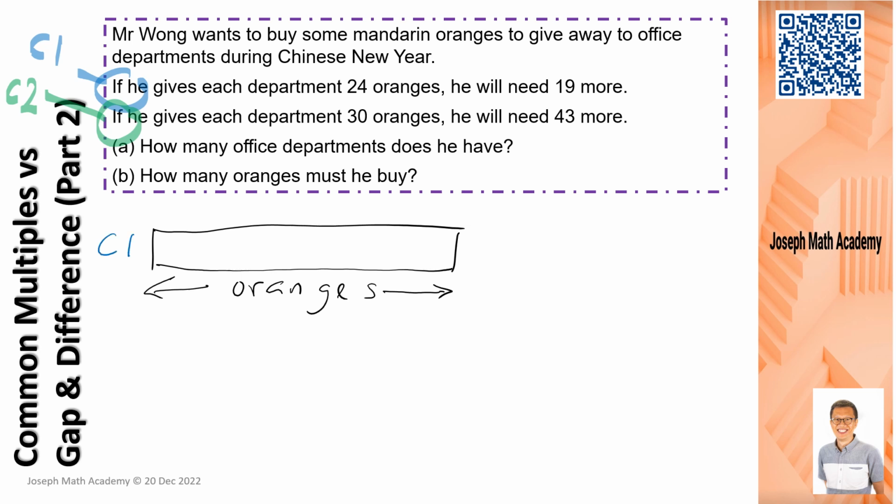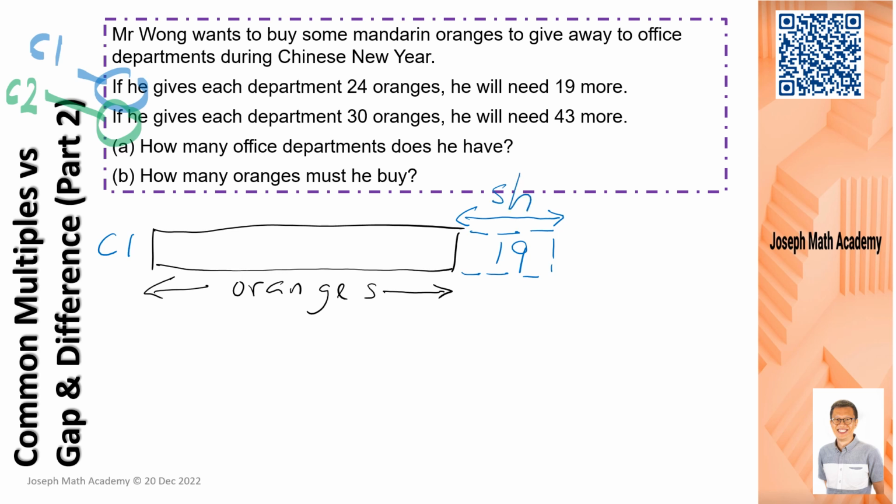Okay. Now if he gives each department 24, he will need 19. Need 19 means what? The current model here is what he wants to buy, but short of 19, so I have to extend it. This is the extra 19 that he has to buy. This is the shortage. I use SH to represent it, okay? All right.